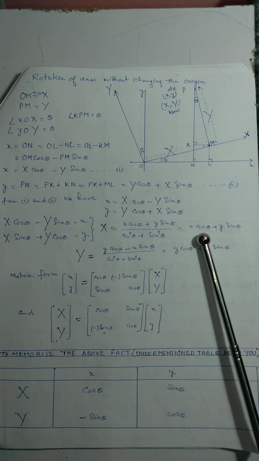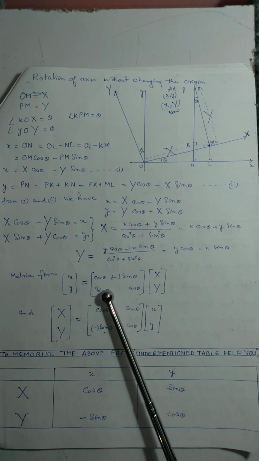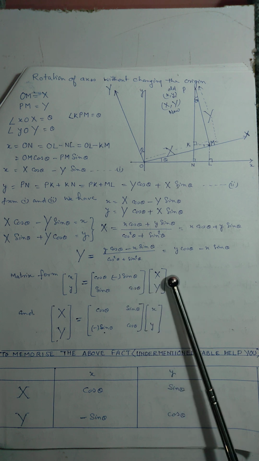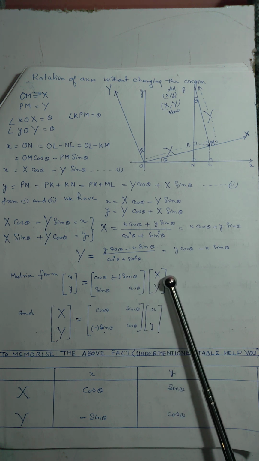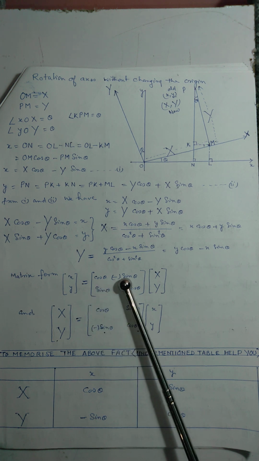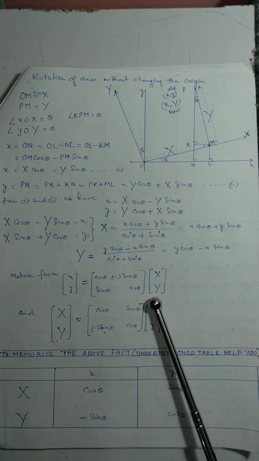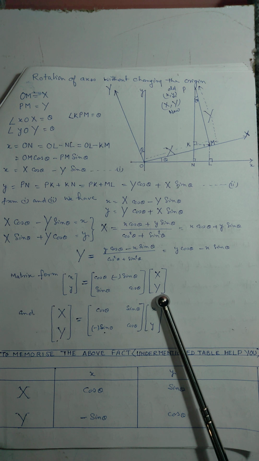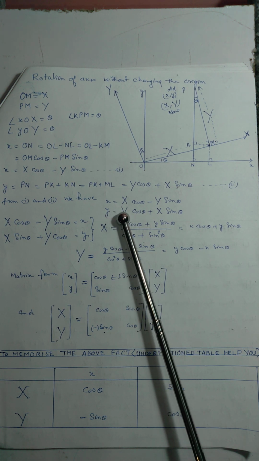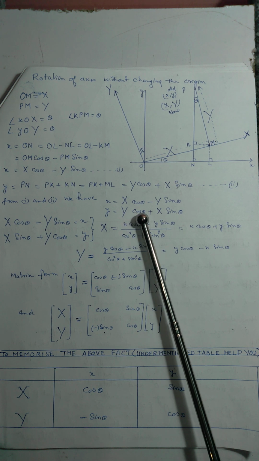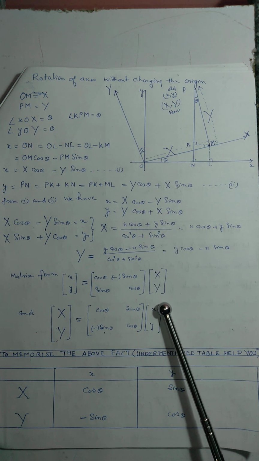For x, first of all you multiply cos theta to capital X, and minus sin theta will be multiplied to capital Y. So you will get small x is equal to capital X cos theta minus capital Y sin theta.